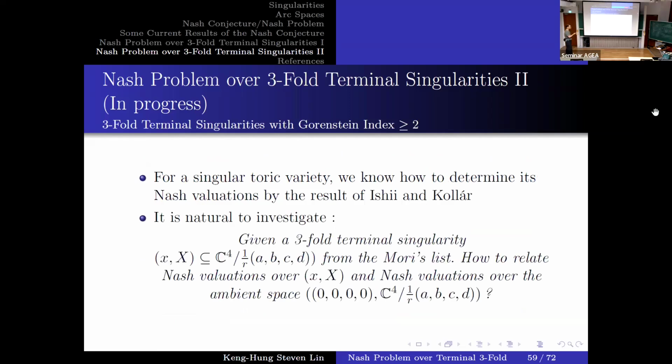So it is natural to ask: if we have a 3-fold terminal singularity X, which is of the form of a hypersurface in C4 quotient by some vectors, is there any relationship between the Nash valuations of the ambient space and the Nash valuations of the inside hypersurface? So the idea is we try to use the Nash valuations in the ambient space to study the Nash valuations of the inside hypersurface. This is our main idea.